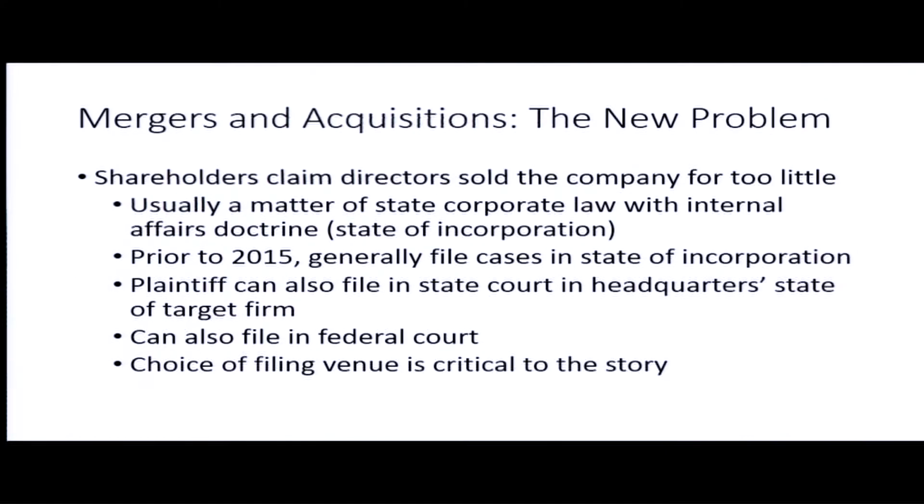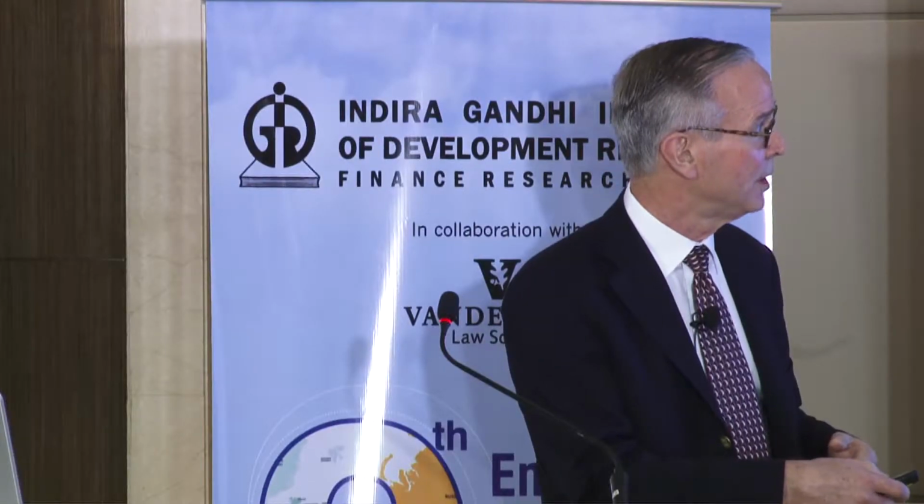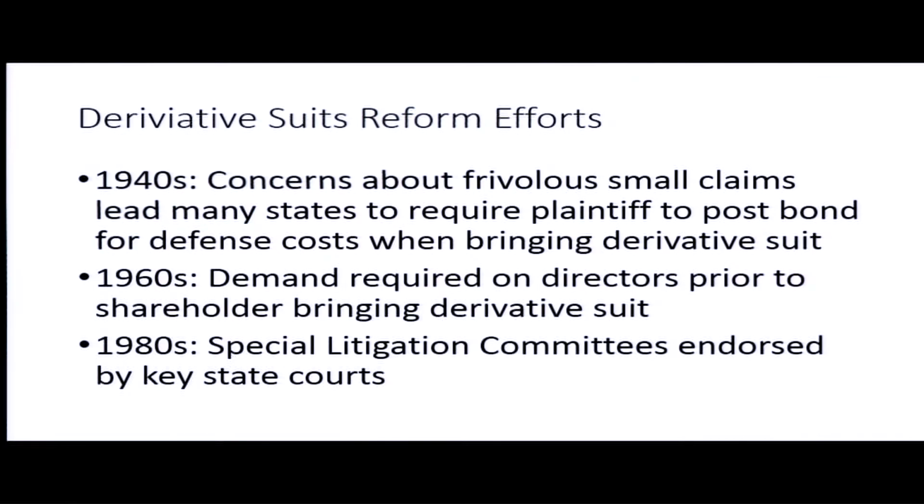But in the 1940s, what they did was they said, okay, well, we're going to require the plaintiff to post bond. And this was an attempt to stop small shareholders that had really no stake in the litigation from bringing frivolous lawsuits. Okay, and again, there are a variety of other mechanisms that were implemented, all as an effort to try and control frivolous litigation.